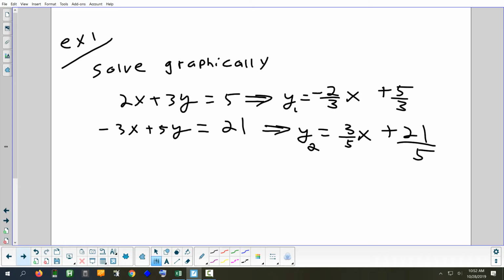And I'm going to be looking for where these two graphs do what? Yeah. Intersect. When you draw two lines, what are the different cases that could happen? There's really three things that can happen when you draw two lines. Anyone describe the different kinds of intersection? Yeah?